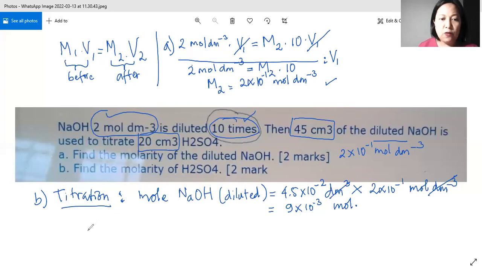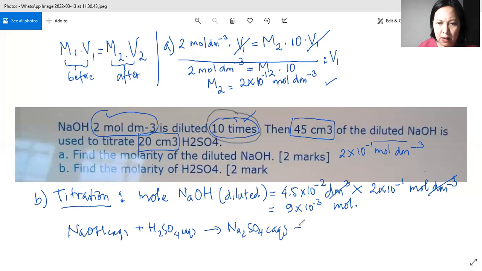And then, in order to find the mole of sulfuric acid, we first write down a balanced equation: NaOH plus sulfuric acid solution. The products will be sodium sulfate dissolved plus water liquid.